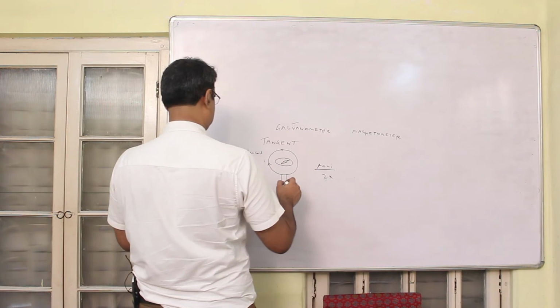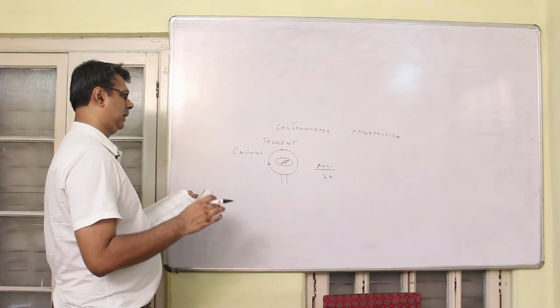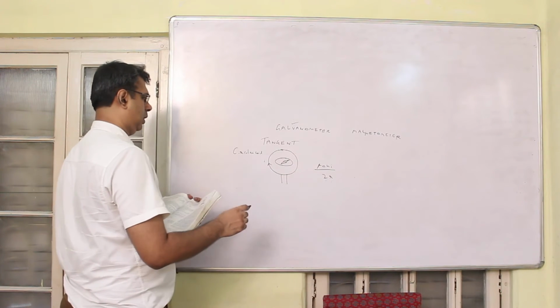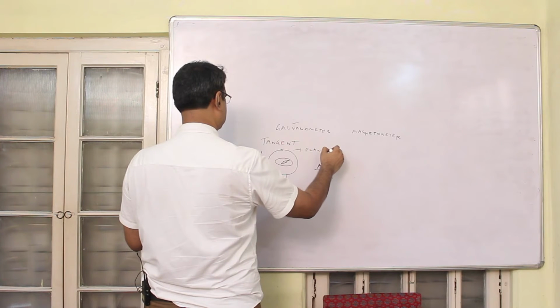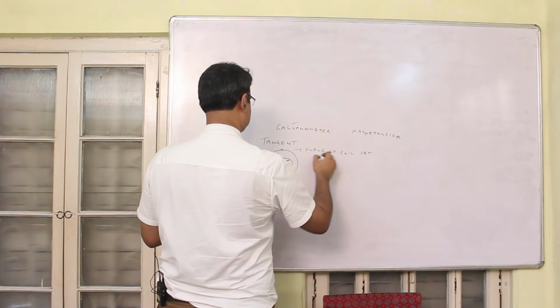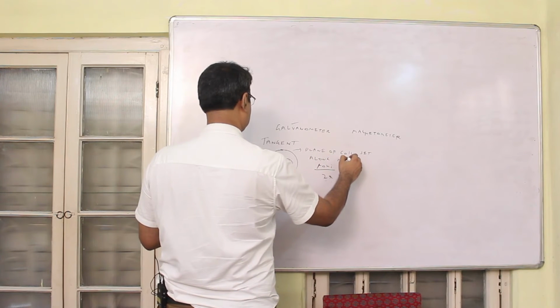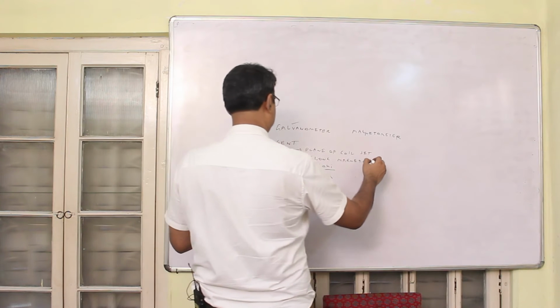Now, when the experiment was started, right at the beginning, it was ensured that the plane of this coil is set along magnetic meridian.